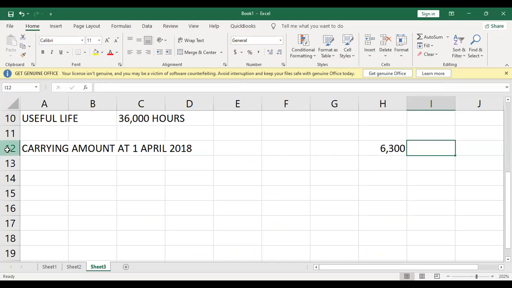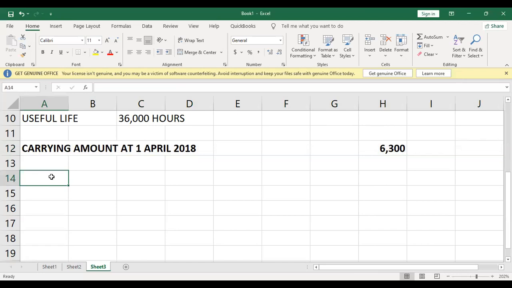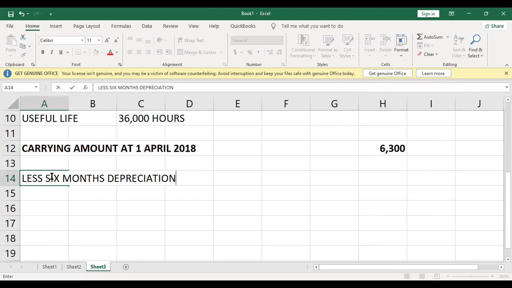So we still have another depreciation to remove. So we're going to have less 6 months' depreciation, from 1st April 2018 to 30th September 2018.